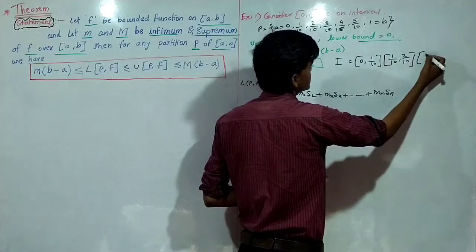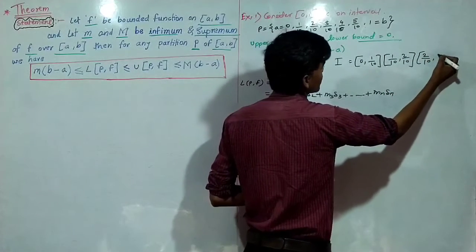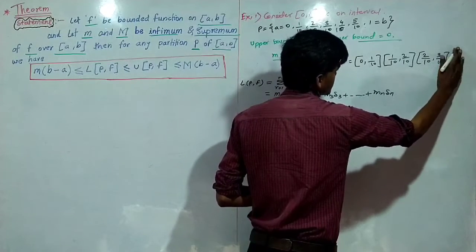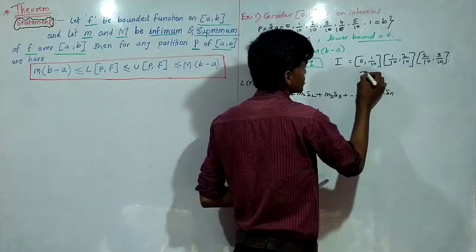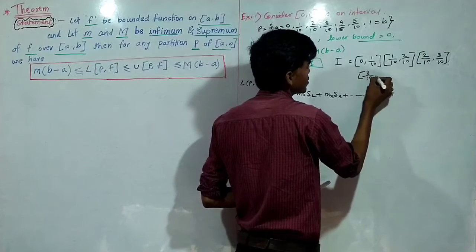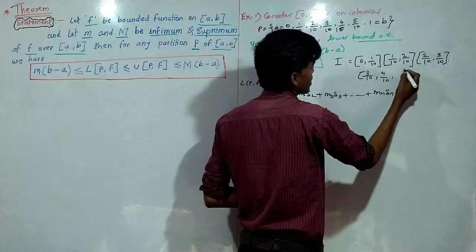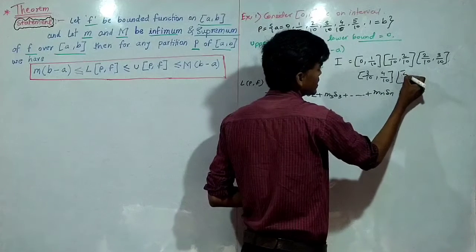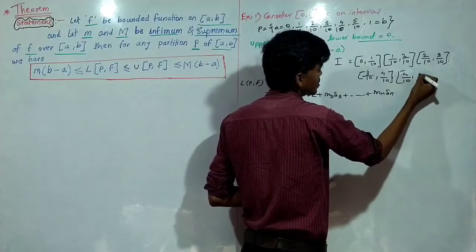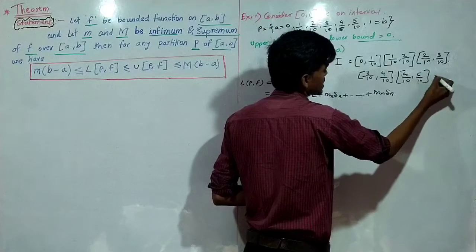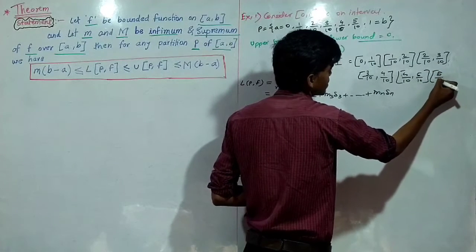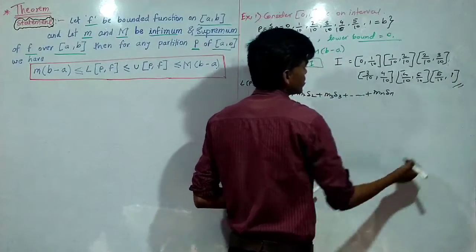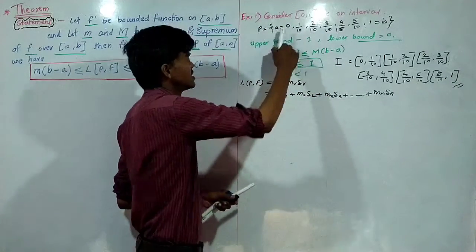Another is 2 by 10 comma 3 by 10. Another is 3 by 10 comma 4 by 10, then 4 by 10 comma 5 by 10. The last is 5 by 10 comma 1. So these are the sub intervals of this given partition.